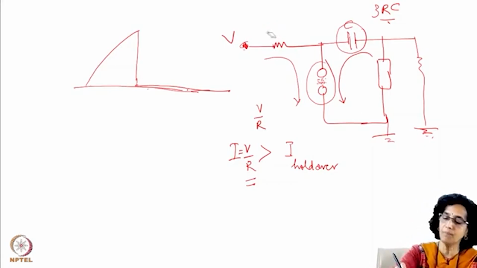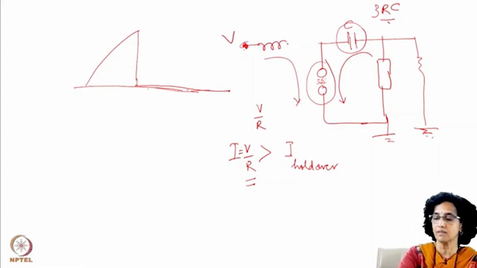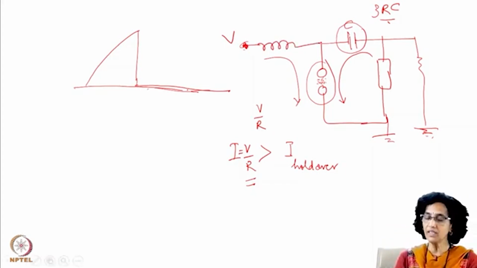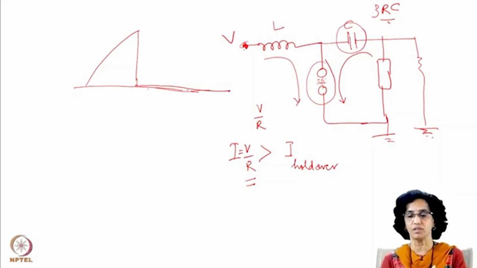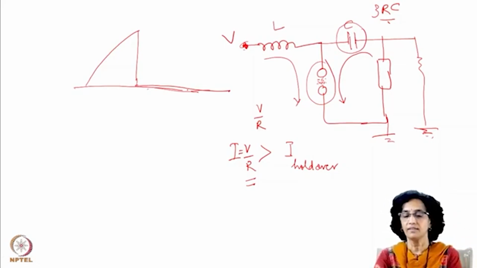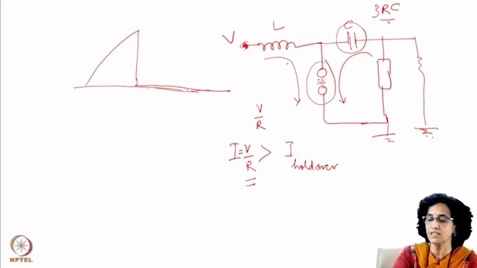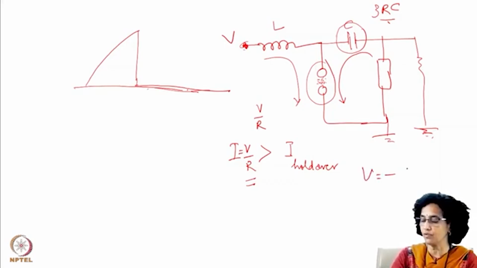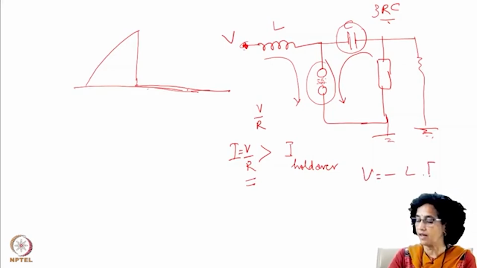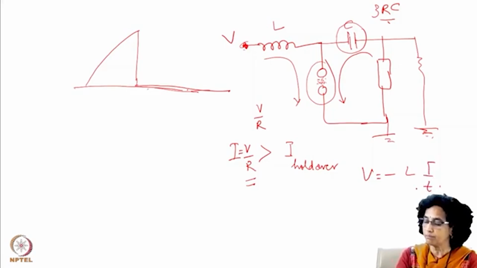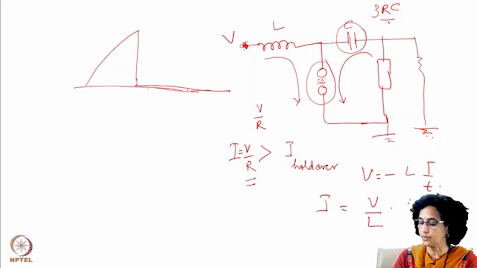So now we think we should replace it by an inductance. In the case of an inductance also, the value of L has to be properly chosen to ensure that the switch doesn't remain latched. In the case of an inductance, we know V is equal to minus L dI by dT. Therefore, the current I is V by L into T.